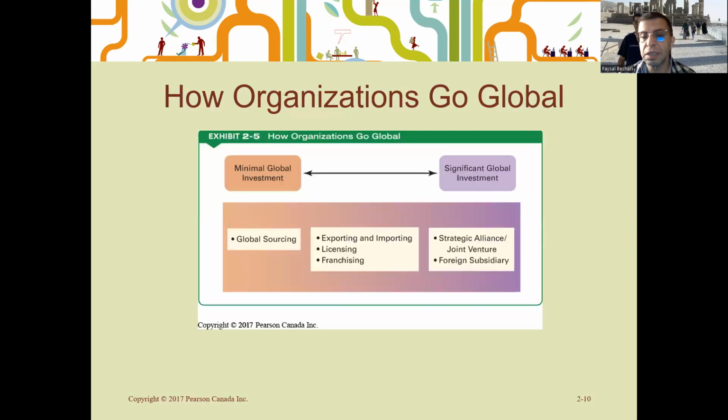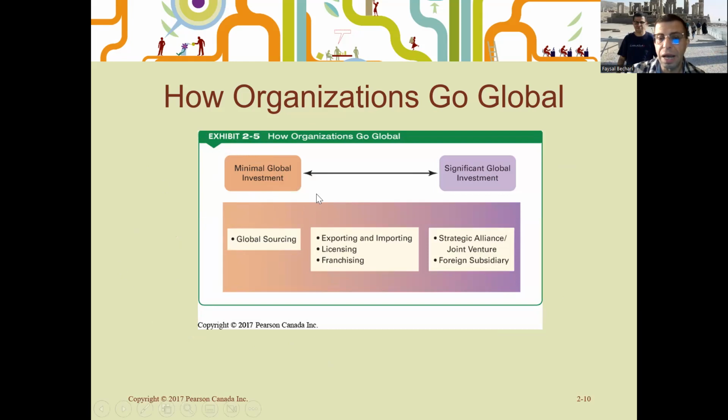Now, how do organizations get involved globally? They could have a minimum involvement, or they can be at an extreme. In the minimum global investment, you might have something like global sourcing or outsourcing.